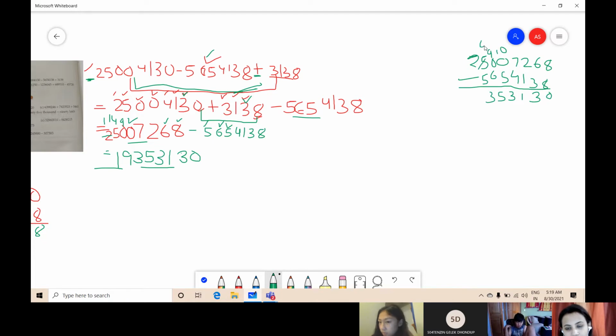And 4 is a smaller number, so we'll take one carry. So it will become 14. Now 14 minus 5 is 9. And here, what is the remaining number? It will become 1. So 1 minus 0 is 1. So see, can you see I've got the same answer here. So this will be the answer.